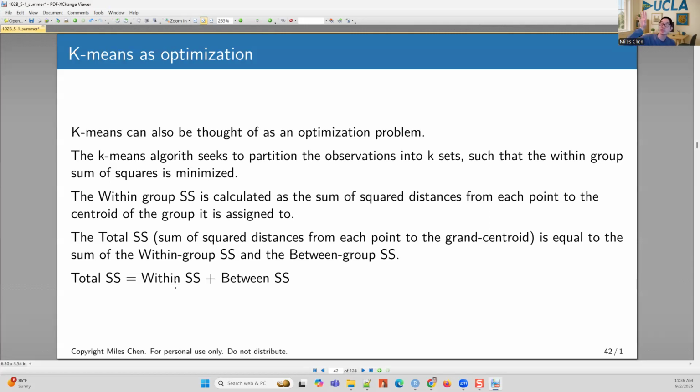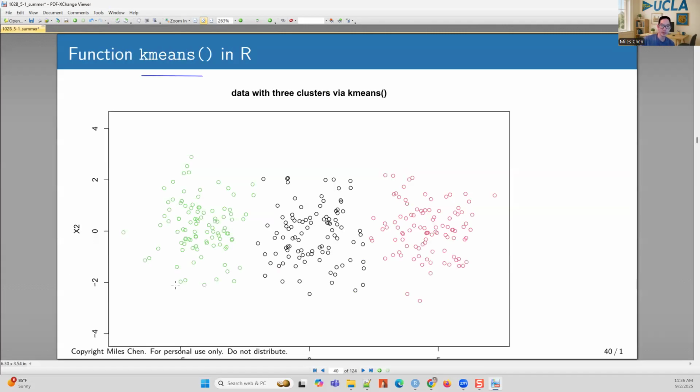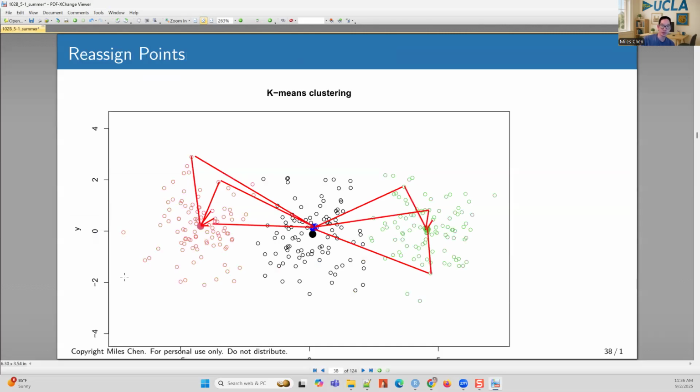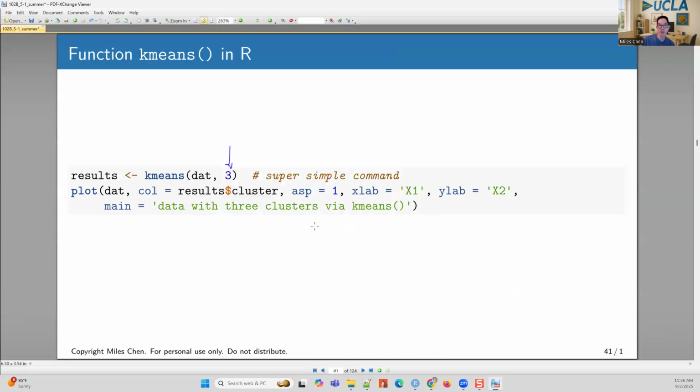So think of it as kind of an ANOVA problem where you're taking that total variance and splitting it into two different sources, between group variance and within group variance, your residual variance. The residual or the within sum of squares is basically the distance from each point to its own centroid. The between is how different the centroid is from the grand mean. And the total is each point to the grand mean. Okay.